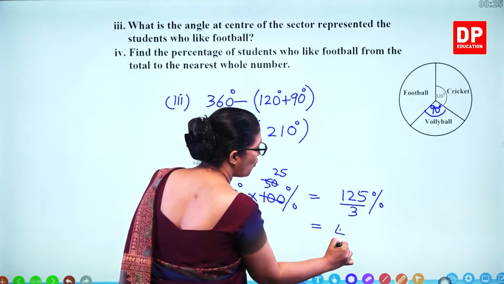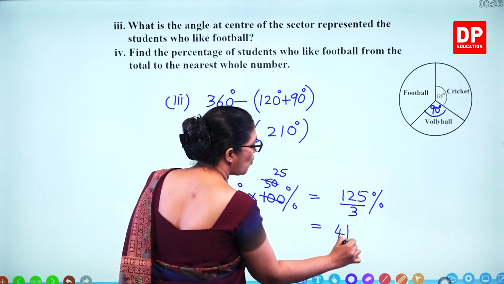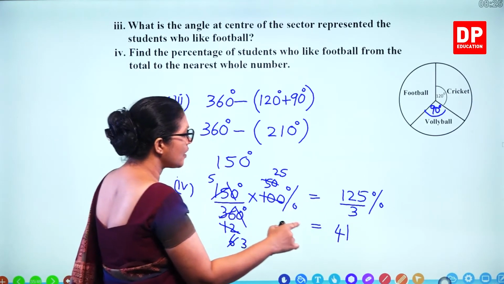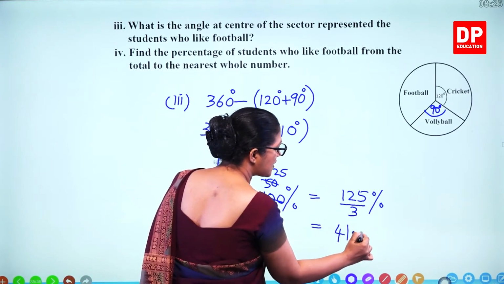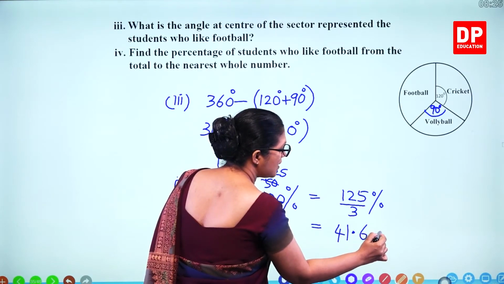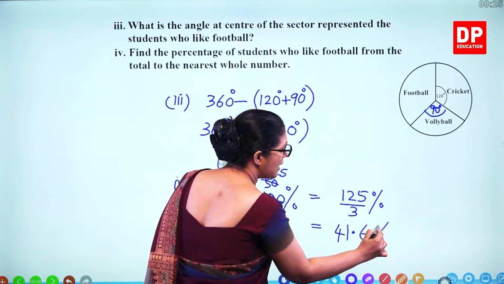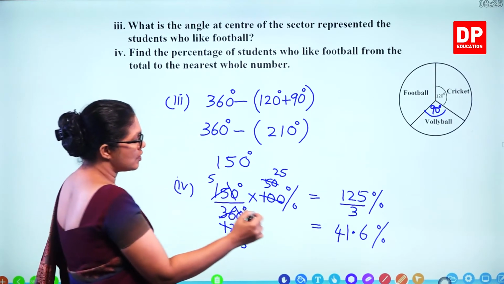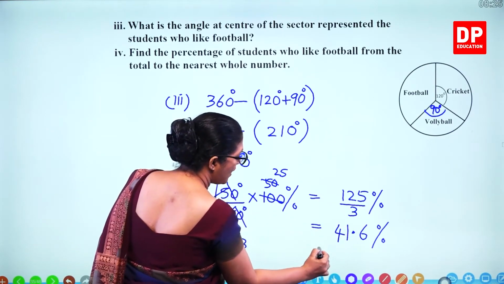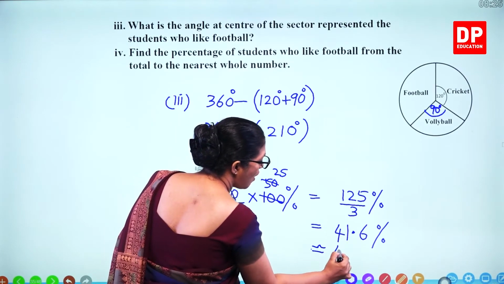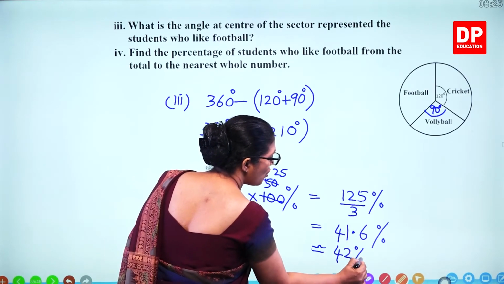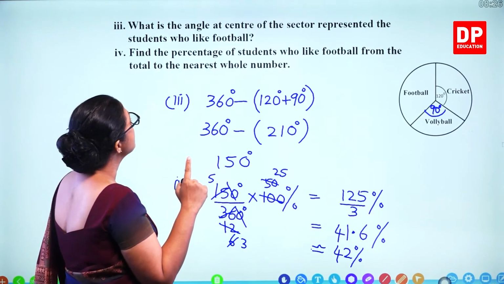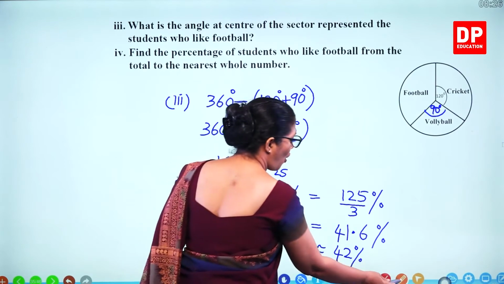3 times 4, 12. 3 times 1, 3. For 20, you get 3 times 6. So likewise, we need only the nearest whole number. So 6 is more than 5. So you can add it and write down roughly 42% is the percentage of students who like football.